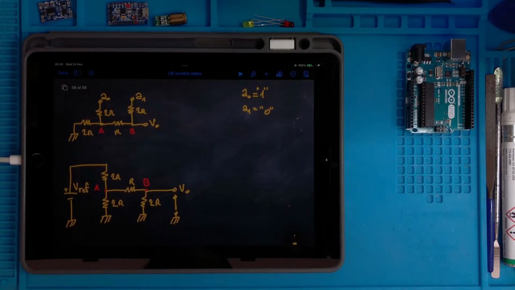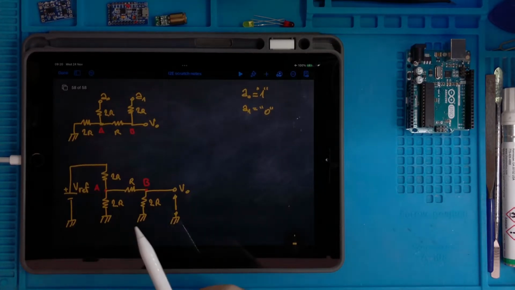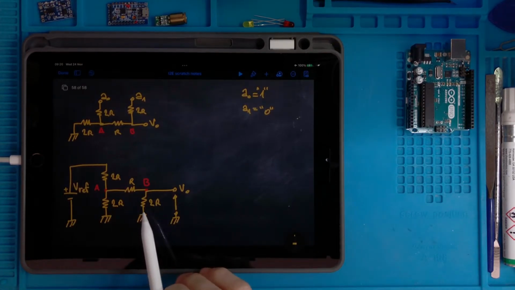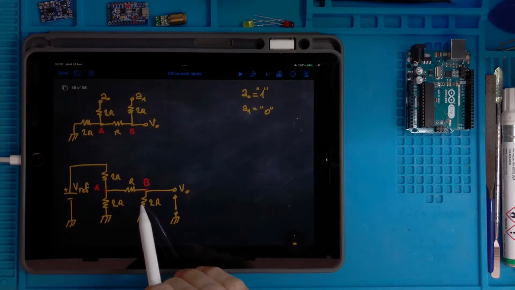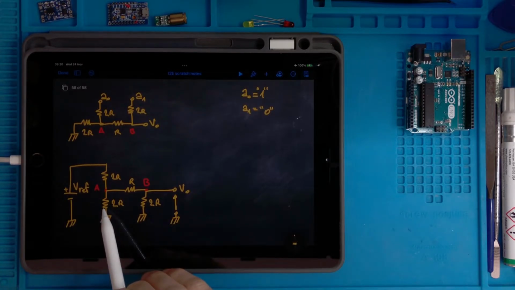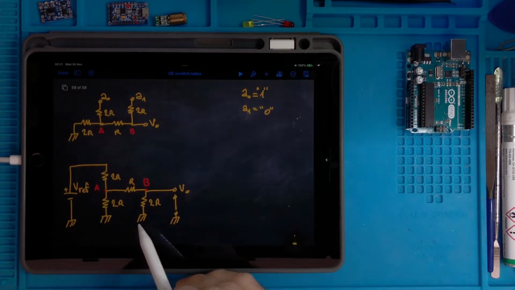Okay, let's see how we can do this. In this case I will try to take advantage of some series and parallel formulas instead of doing all the node analysis, because I see that this circuit is, let's say, quite simple. So I can realize that this resistor is in series with this one. So if I'm able to replace this with the equivalent resistor, and it's very simple, then the equivalent resistor will be in parallel with this one, and then I will have a voltage divider between this one and the equivalent resistance that I will put here.